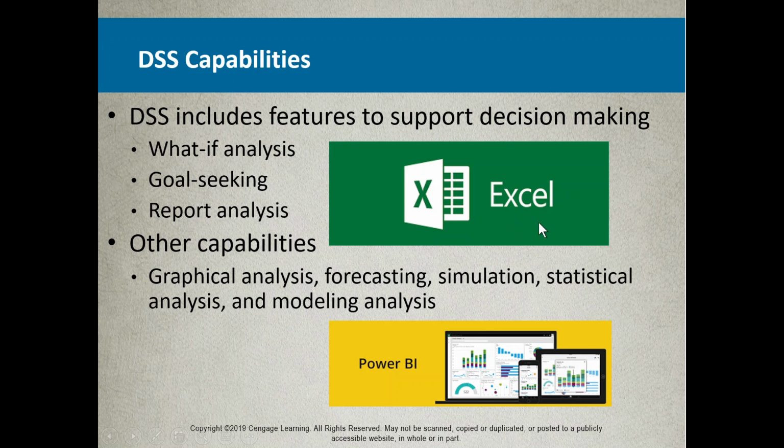So where Excel leaves off, Power BI picks up. But Excel actually has a programming language built into it. It's a scripting language. It's called VBA. It's not a compiled language. It's a scripting language. And you can write extremely advanced programs in here.